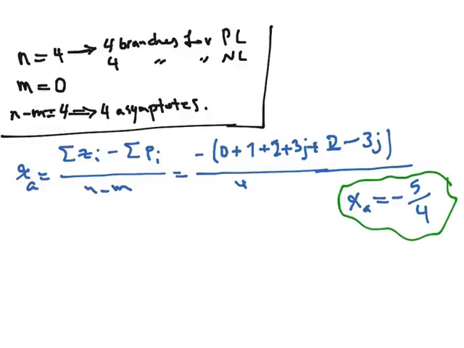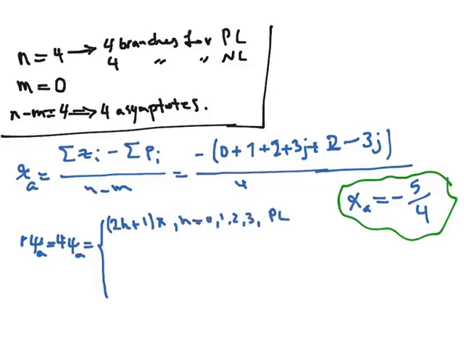In order to obtain the angle of the asymptotes with the real axis, we have r times theta a, in which r is equal to 4, so we have 4 times theta a equal to 2h plus 1 times pi, where h is equal to 0, 1, 2, 3 for positive locus, and 2h pi for h equal to 0, 1, 2, 3 for negative locus.